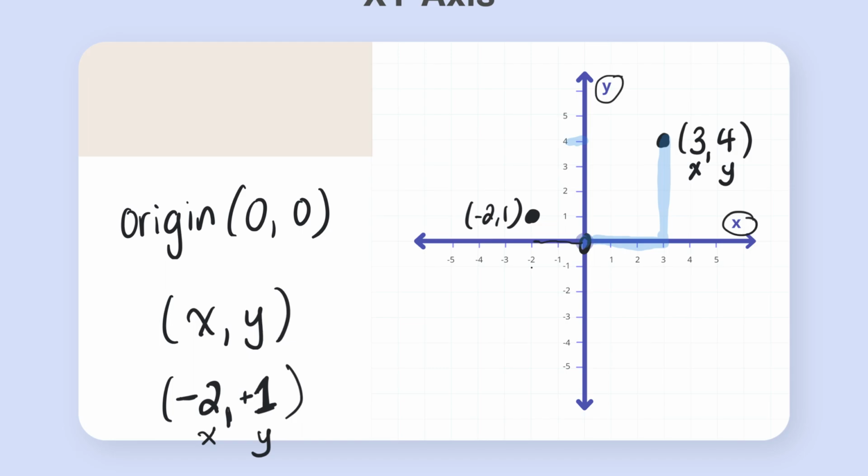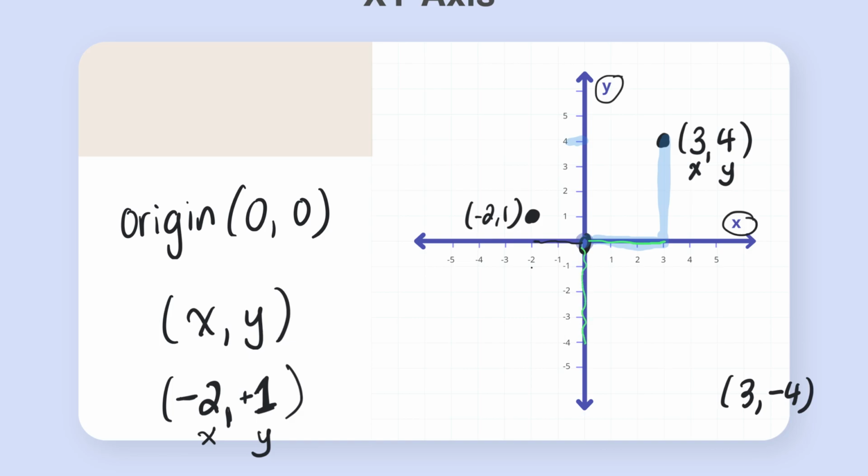Okay, what about if I want you to plot another point? Let's do 3, -4. Where would you put this point? Start at the origin, and we're going to move along the x-axis first. You don't have to draw that line, but that's fine. And then -4 is the y coordinate. Are we going to go up or down? Down.